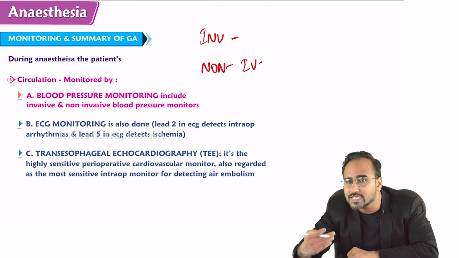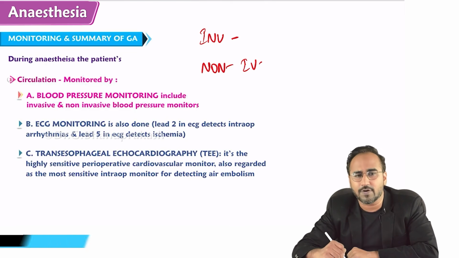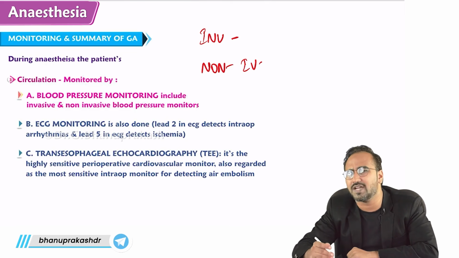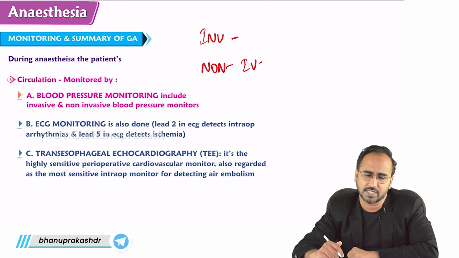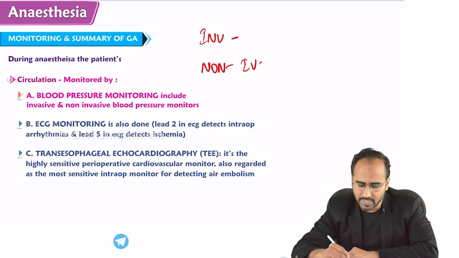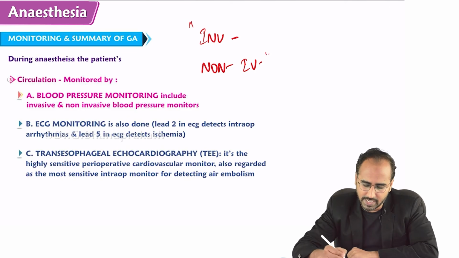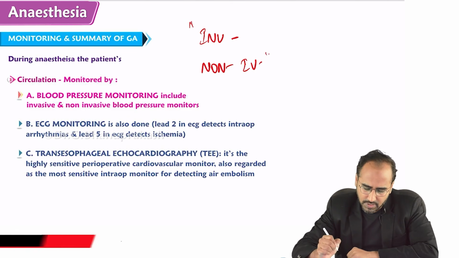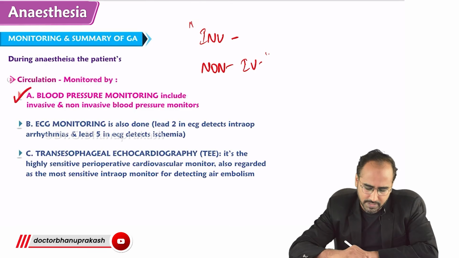That is called invasive blood pressure monitoring. It is usually done for major cardiac surgeries. Non-invasive monitoring is done for almost all surgeries, but invasive monitoring is done for major cardiac surgeries.